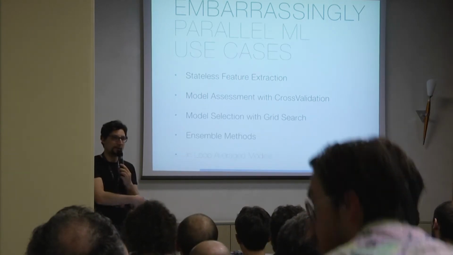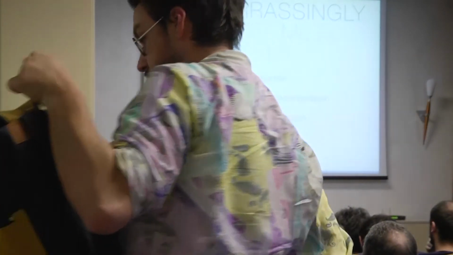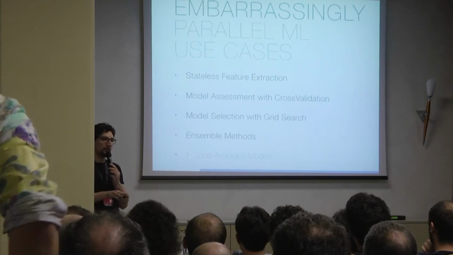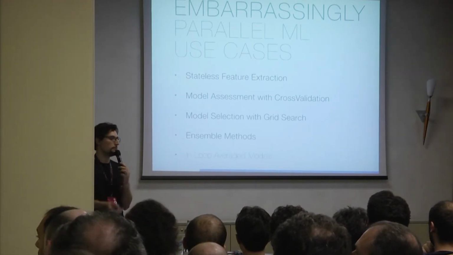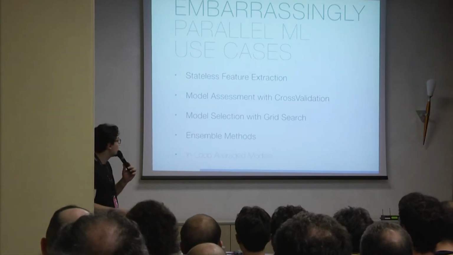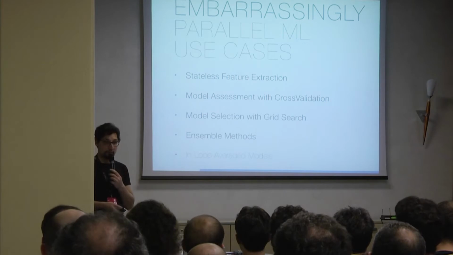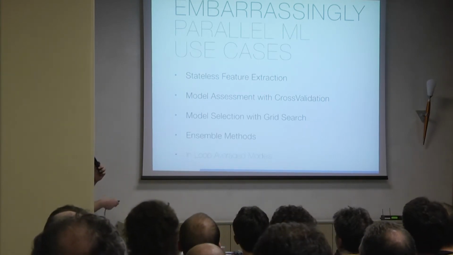That's why it is called embarrassingly parallel, because we may easily parallelize the computation by simply splitting it on multiple machines without worrying about possible shared state or, for instance, concurrency problems. Okay, this is the case for some use cases.